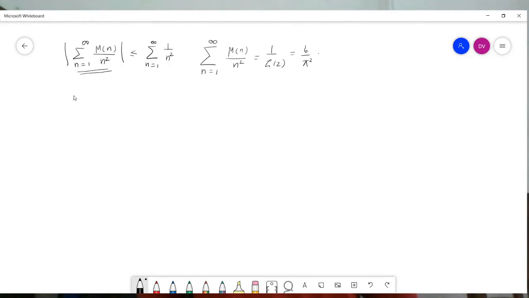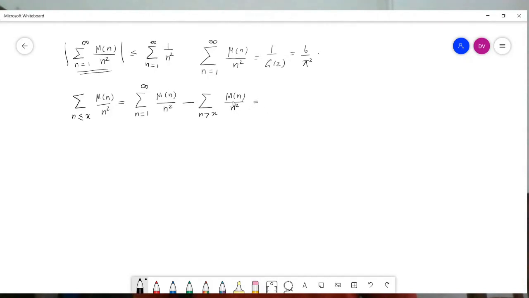Using this we will find the sum that we have to use to prove the asymptotic formula: sigma n less than or equal to x, mu of n by n square, that is equal to sigma n equal to 1 to infinity mu of n by n square minus sigma n greater than x mu of n by n square.